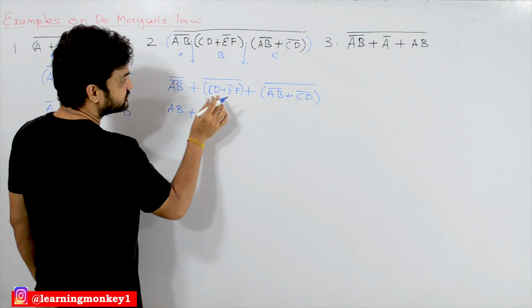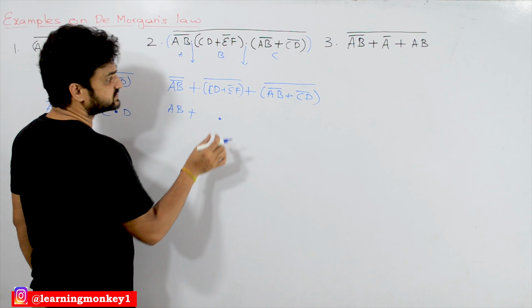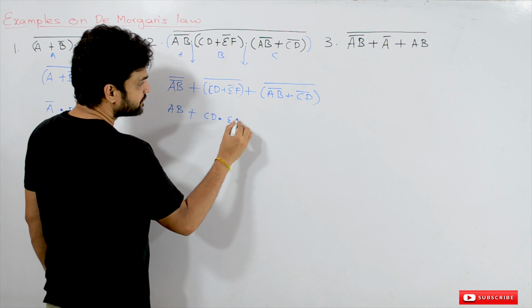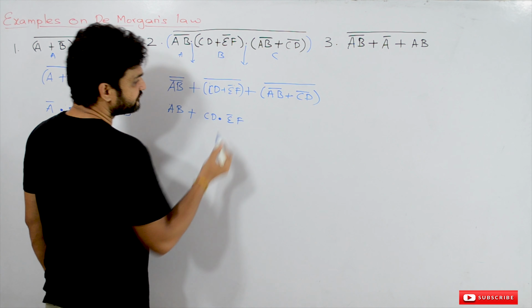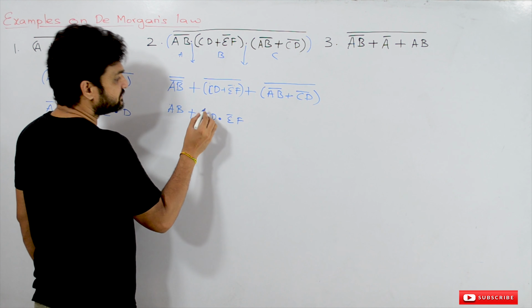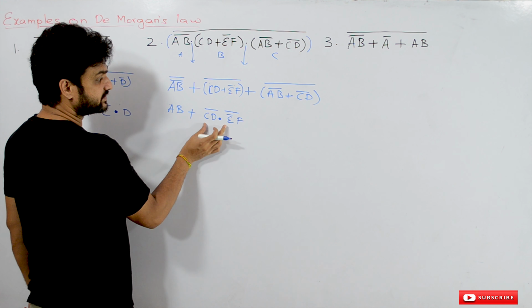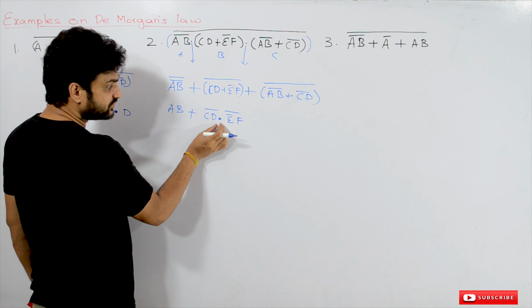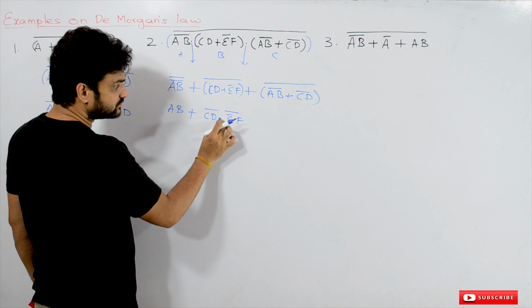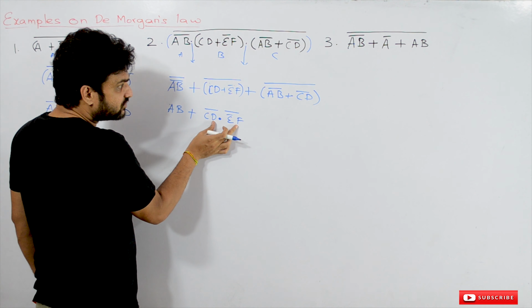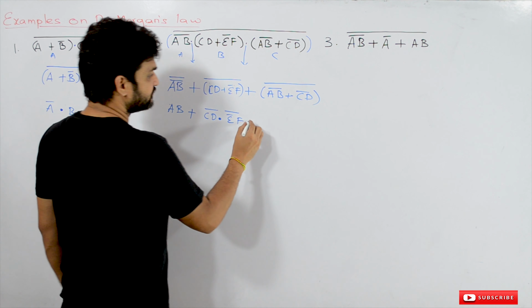So this is one variable and this is again one variable, which is CD plus E bar F, and complement it. So complement every part. Are you able to get it? See here. First we have converted plus to dot, and later we have found the complement of each and every variable.